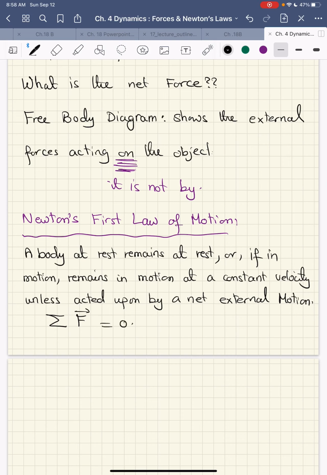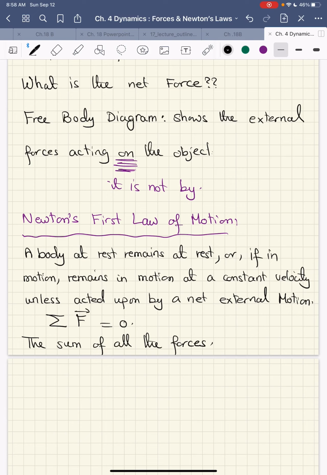What is really important to understand here is this notation that is going to be used, sigma, and that means the sum of all the forces. In the case of Newton's first law, this equals 0.